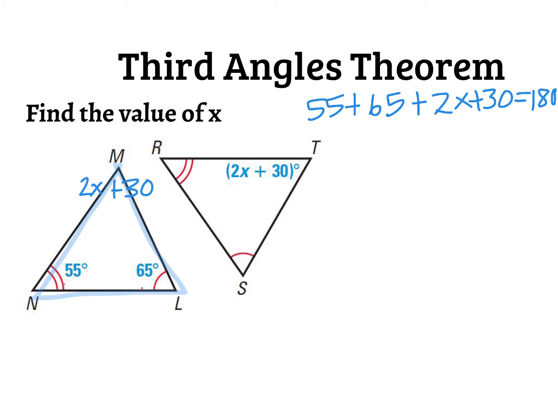That could be your basic theorem you can use for most every problem dealing with triangles. All the angles add up to 180. I combine like terms, which are this one and this one. I'm left with 2x plus, let's see, 120 is 150 equals 180. I can subtract the 150 to leave x alone.